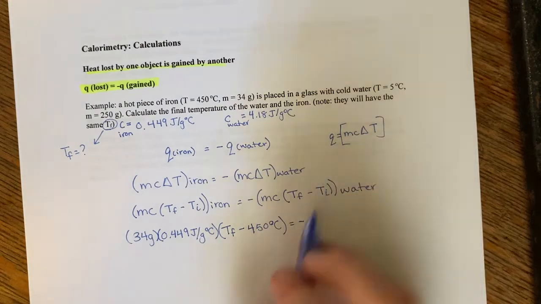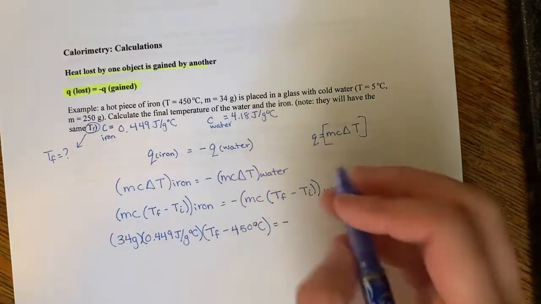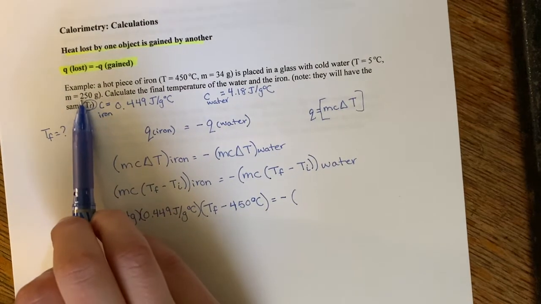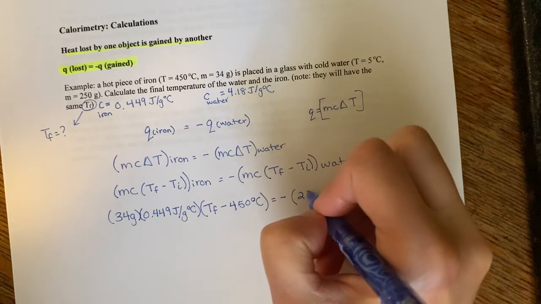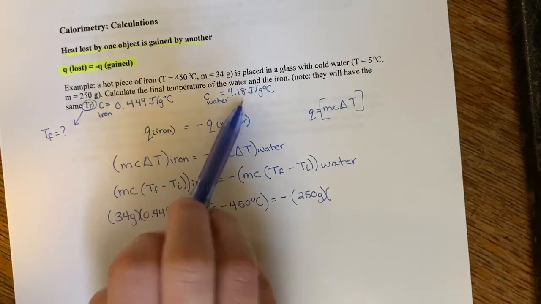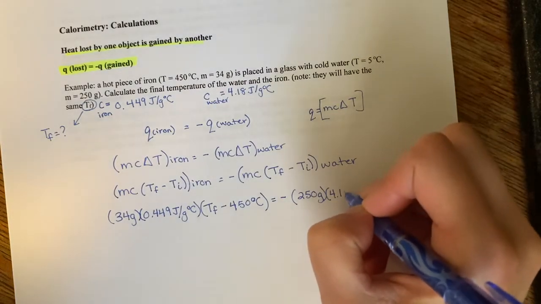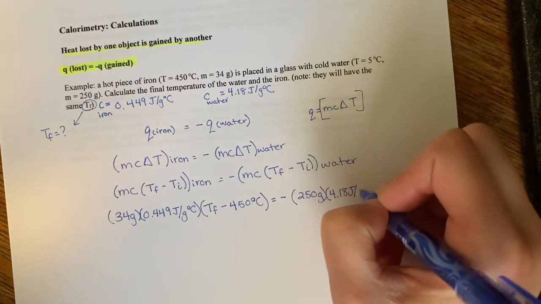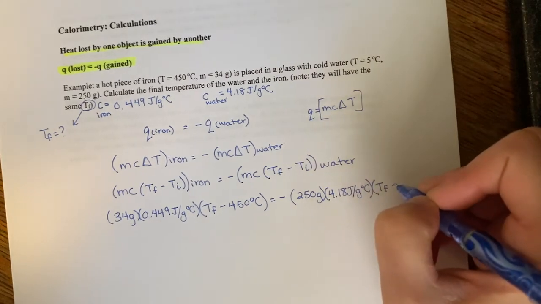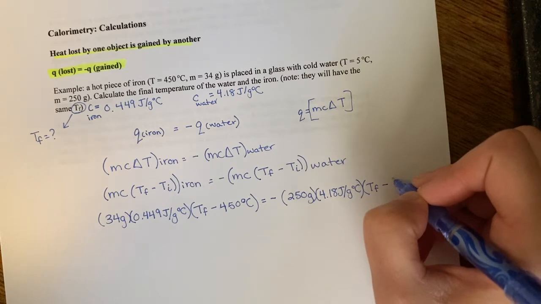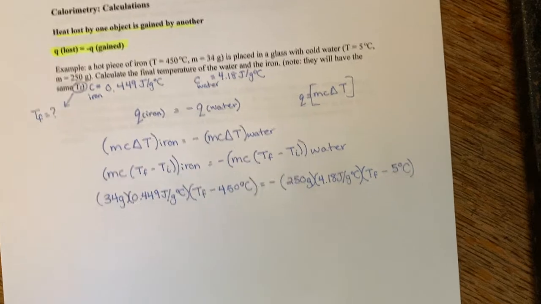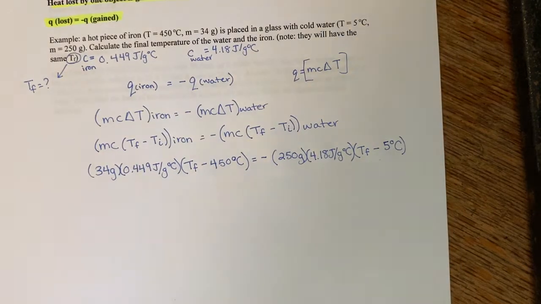Equal to negative, don't lose that negative, careful. Mass of the water was 250 grams. 250 grams times the specific heat capacity of water, which is that 4.18 joules per gram degree Celsius. And then T final, which is what we don't know, minus T initial, which was 5 degrees Celsius. And that's all the information about our water.